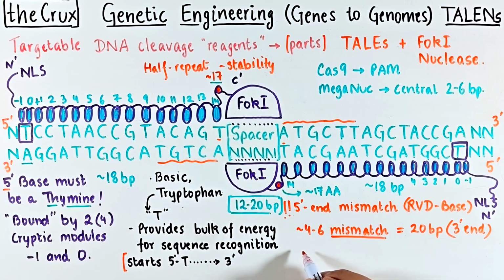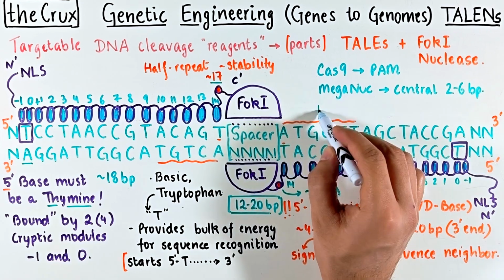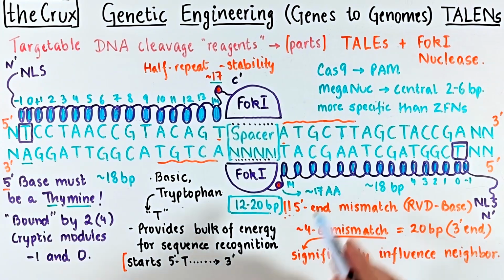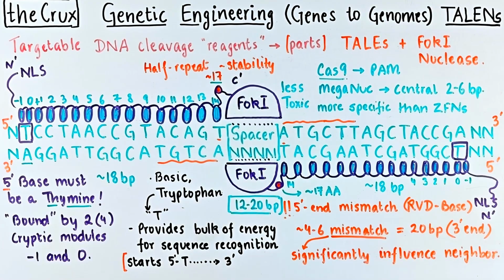Mismatches generally reduce TALEN efficiency because due to mismatches, the entire array is structurally disorganized. And for this reason, TALENs are more specific with target recognition than zinc finger nucleases. And for some targets, it's even better than Cas9. And as a consequence, they are generally less toxic.